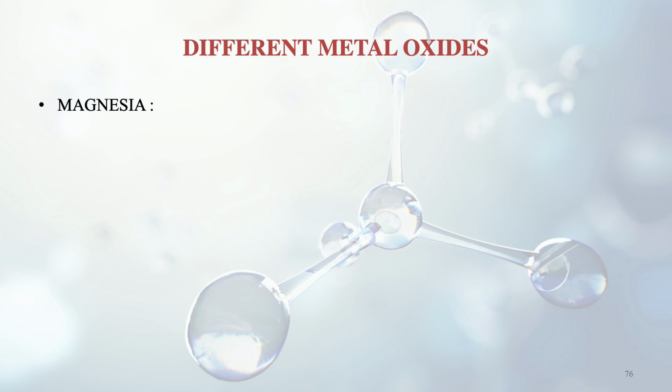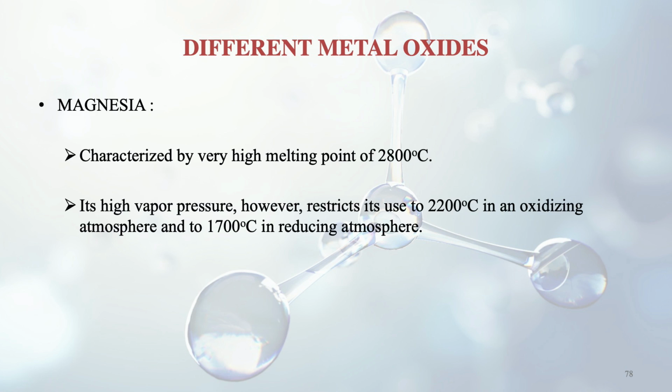And further we discuss magnesia, which is a magnesium based oxide, and it is also characterized by a very high melting point, but it has high vapor pressure, so its use is restricted to around 2200 degrees centigrade in oxidizing atmosphere and to 1700 degrees centigrade in reducing atmosphere.